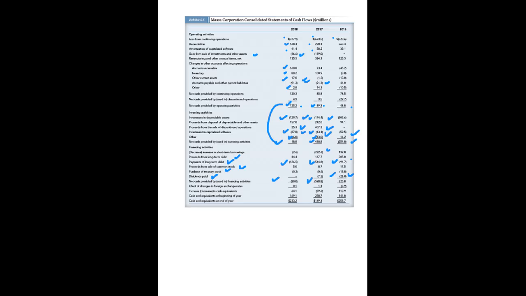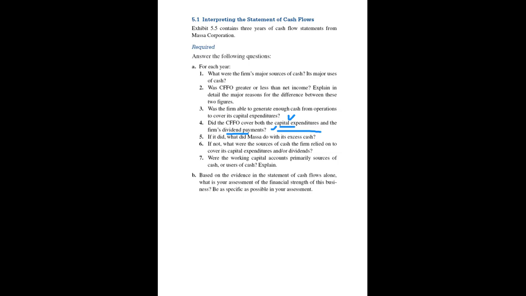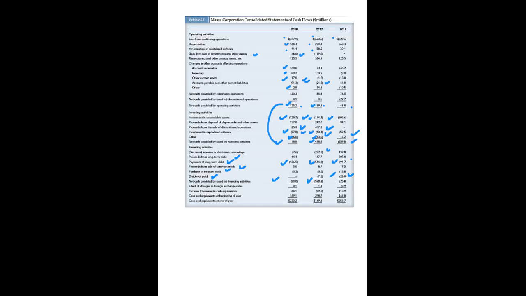Then next is question number 6. If not, what were the sources of cash the company relied on to cover the capital expenditures or dividend? How did company pay for its capital expenditures and the dividend if the cash flow from operating activity was not enough?